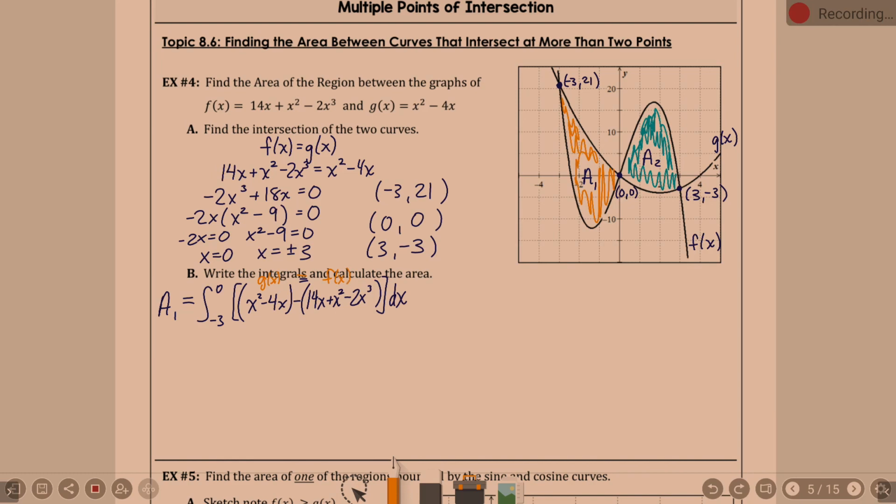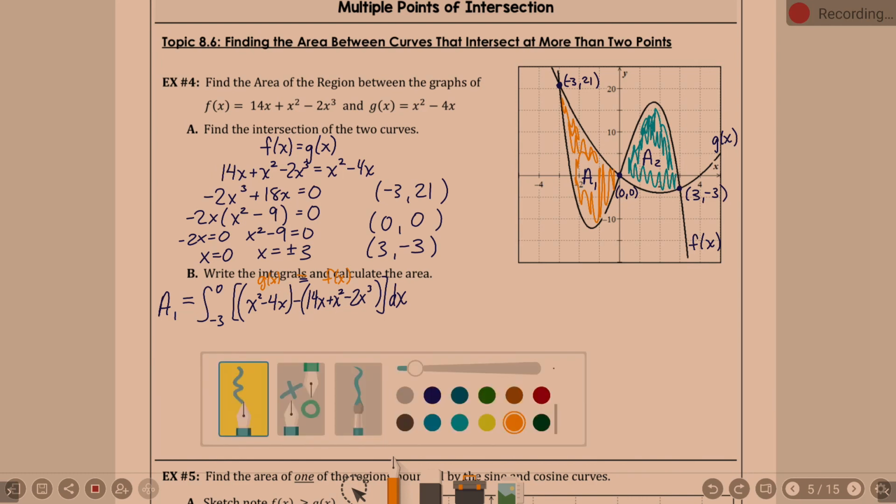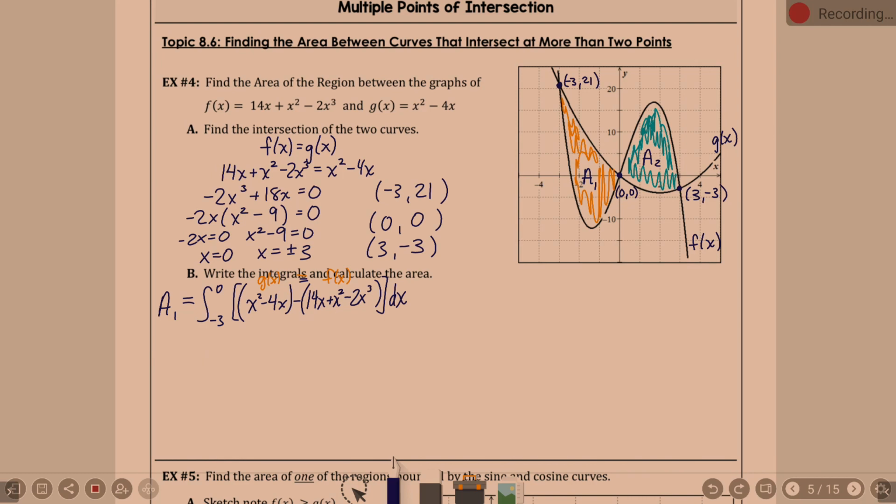Do you want to go ahead and set the other one up, or do we want to work this one out? Work this one out first. I'm not going to integrate 5 terms unnecessarily when we can see it's going to come down to 2 terms. Slightly different 2 terms than earlier, though, yes? x squared minus x squared cancels.